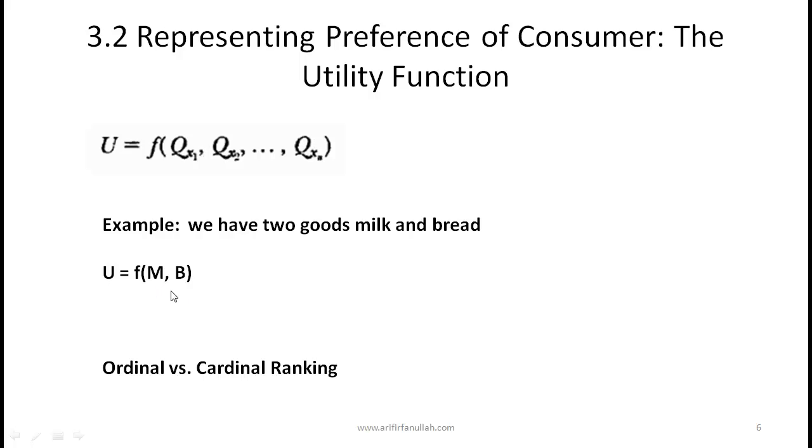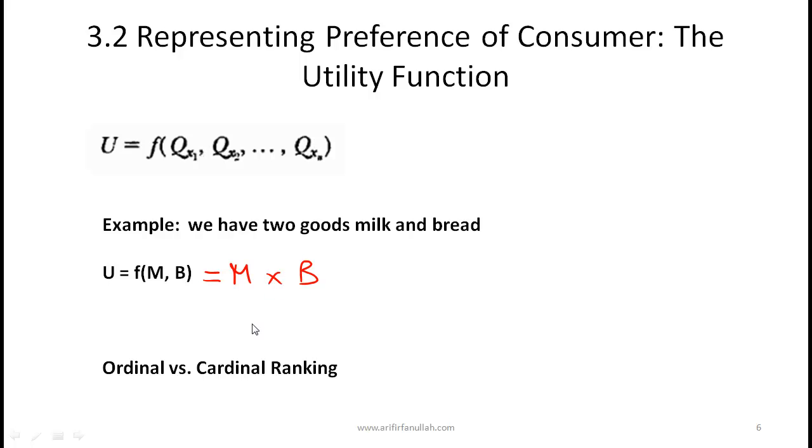Okay, so we have a basket that consists of milk and bread. You might just have a function which says that the utility that a consumer derives from milk and bread is equal to the number of cups of milk multiplied by the number of slices of bread. Just making up a simple function. There might be another function.